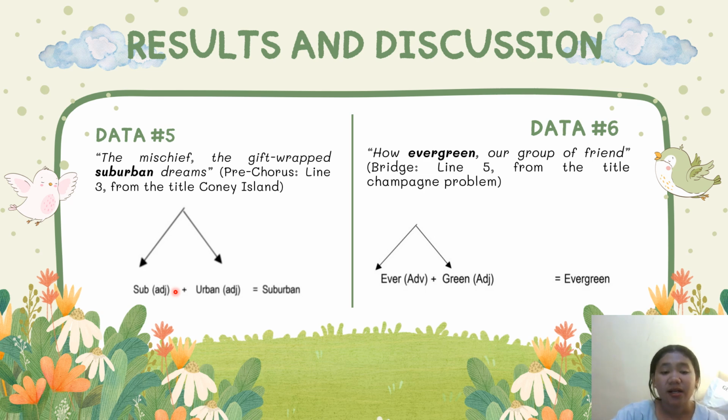And continuing, I explain again about them. They say that the word sub is a word of adjective, right? So the word sub comes to the word urban too, and urban is actually an adjective. In this case, the word suburban falls into the type of compound adjective, they said.